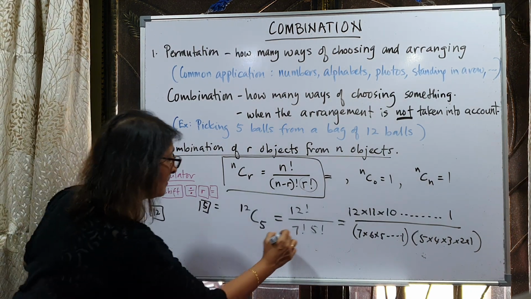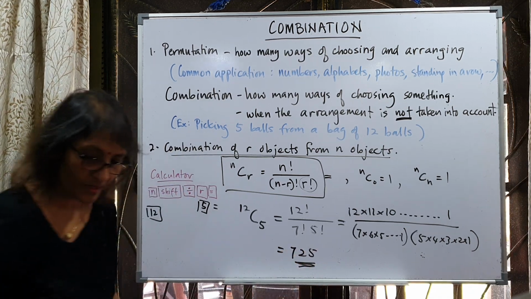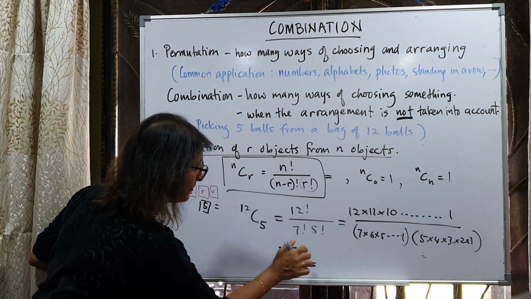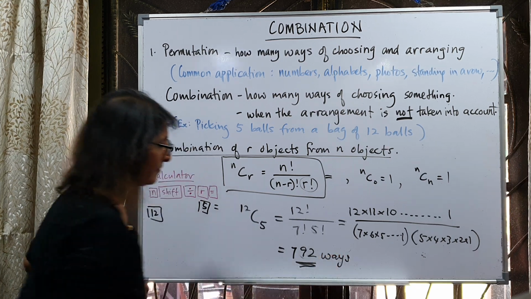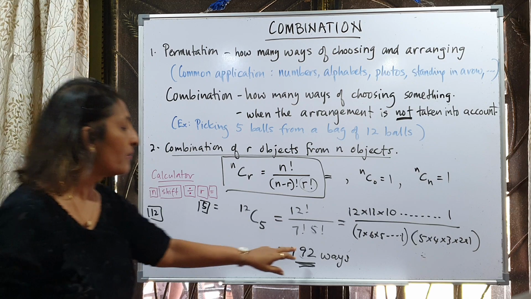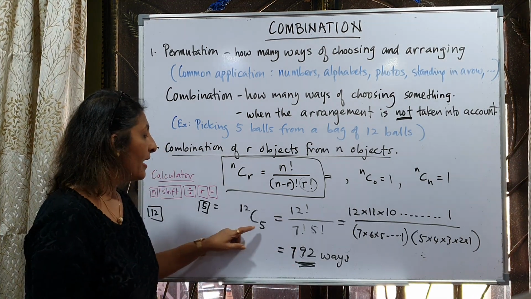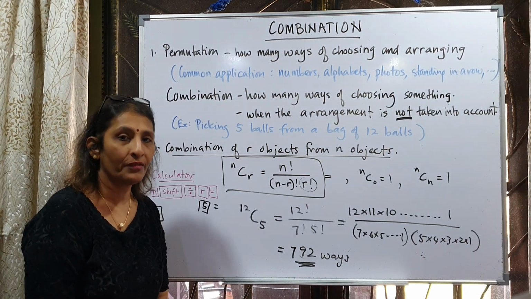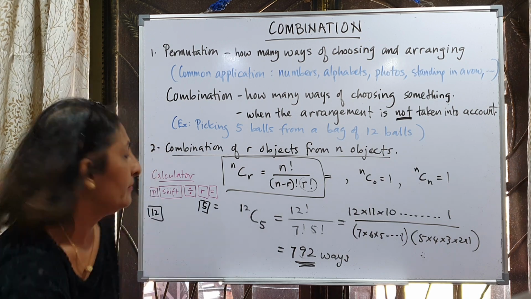The answer is 792. That means there are 792 ways of selecting any 5 balls from a bag of 12 different colored balls.